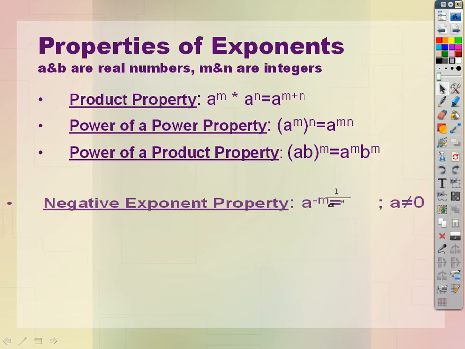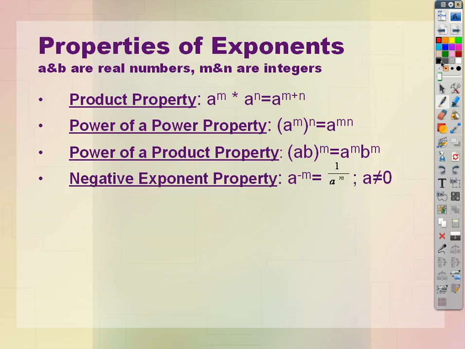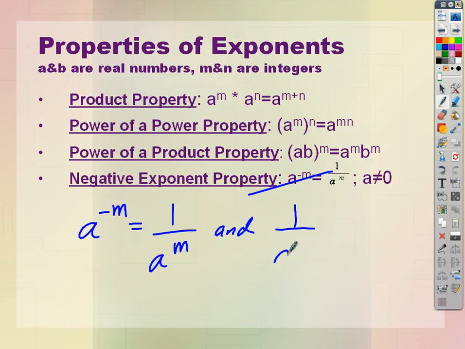What we're doing with this negative exponent property is we're comparing behavior in the numerator to behavior in the denominator of the fraction. And what we can say about it is this. We can improve this one to say a to the negative m equals 1 over a to the m, but also 1 over a to the negative n equals what?